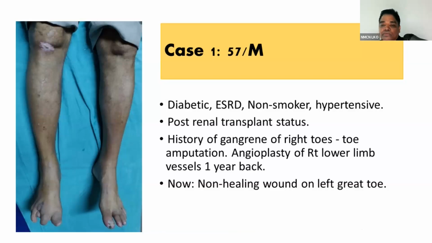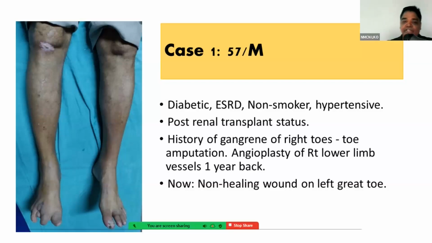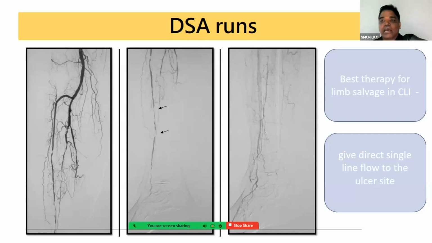Now he presented with a non-healing ulcer on the left great toe. You can see that there is some blackish discoloration at the tip of the left great toe. And this was his initial angiography run. You can see that there is a complete occlusion, and multiple stenoses are seen in the anterior tibial artery. As we said, by the angiosome concept, the dorsum of the foot generally in that area would have been supplied by the anterior tibial artery.